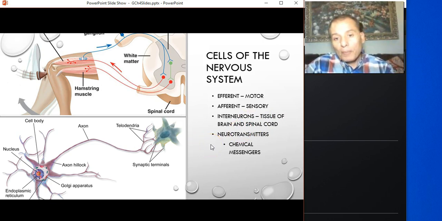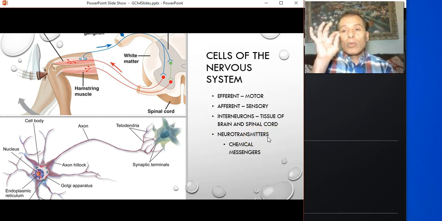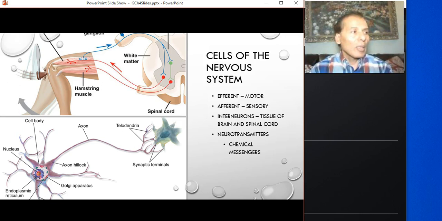And then in the brain, in order for these neurons to send signals and to process signals, they use neurotransmitters. So neurotransmitters are small chemicals. For example, dopamine is a neurotransmitter. Nicotine, for example, melatonin is a neurotransmitter.